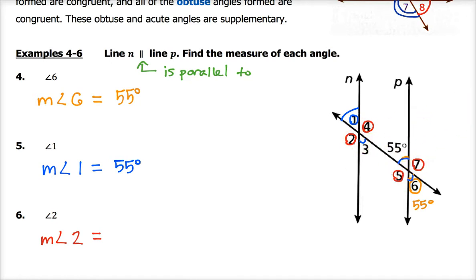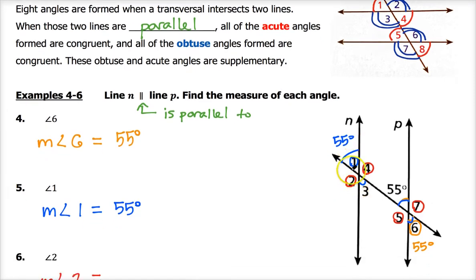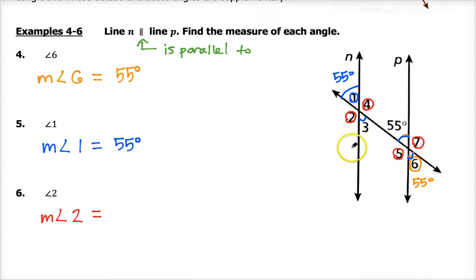But what we do know is angle 1 measures 55 degrees. We figured that out in example 5 here. And we also know, from this paragraph above, that an acute angle and an obtuse angle in this situation are going to be supplementary to each other. That means they're going to add up to be 180 degrees.